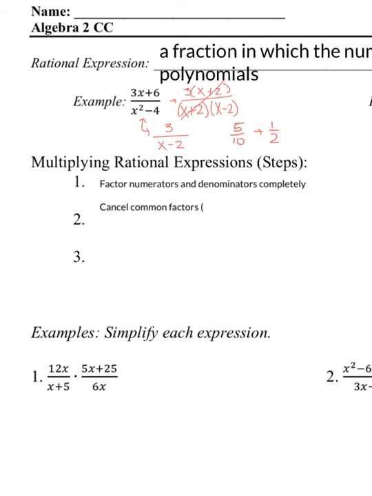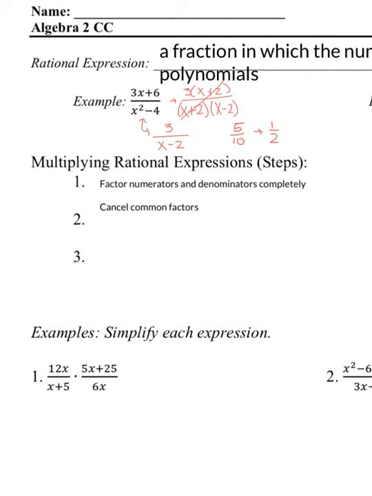And you can only cancel a numerator with a denominator and a denominator with a numerator. It has to be switched. Okay, you cannot cancel a numerator with a numerator. Kind of like if I give you this. Let's say we wanted to multiply 2 over 3 times 12 over 5.